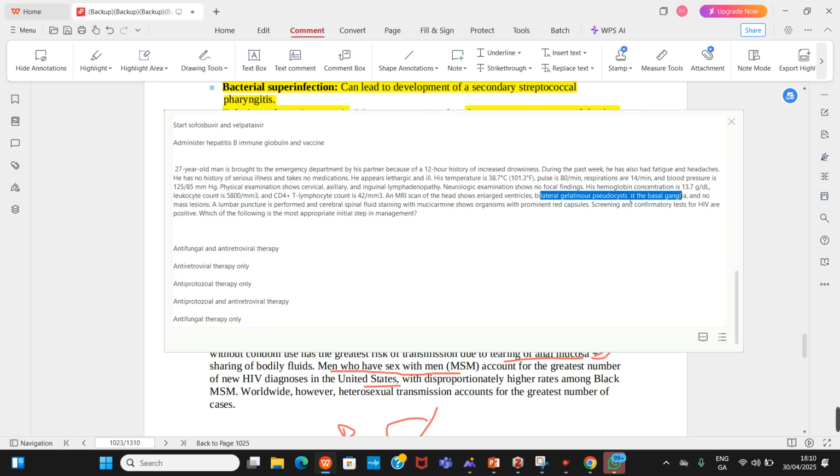So this is likely to be toxo or something. And of course, from the mucicarmine, we can say clearly that this is cryptococcus infection. So you have to treat that first before you give HAART, because you don't want to cause an immune reconstitution response. So give antifungal therapy alone. That's what you are going to do.